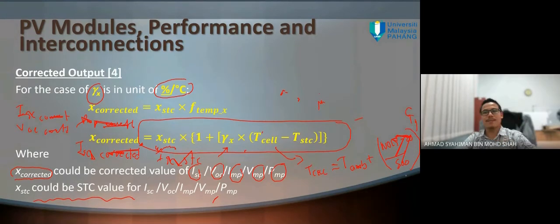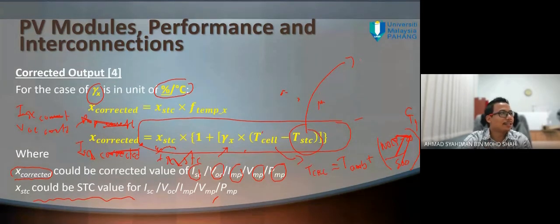Okay, I will give the G. What is the value of the TSTC? How much is the value?